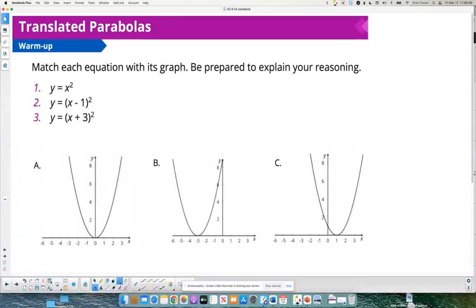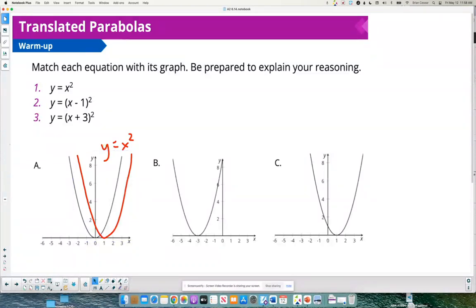This first one here is y equals x squared. That's our parent function. If I have the second equation, y equals (x minus 1) squared, you should kind of remember that's going to take this parent function, y equals x squared, and when I have that minus 1, that's going to shift it right 1, just like that.